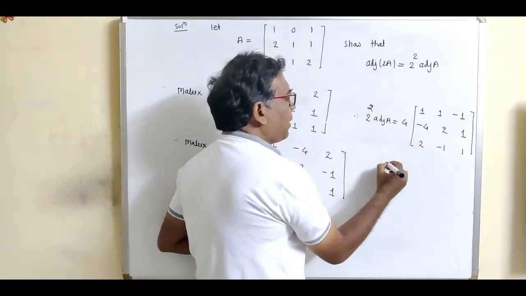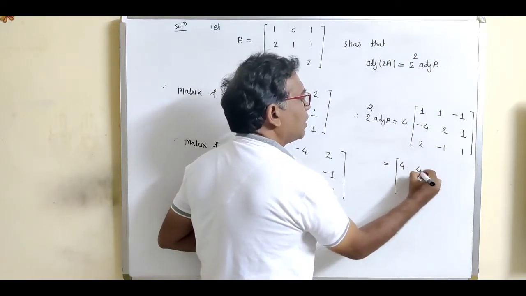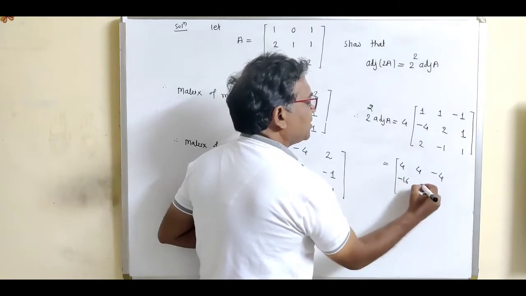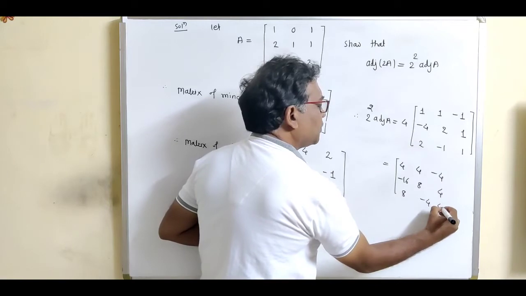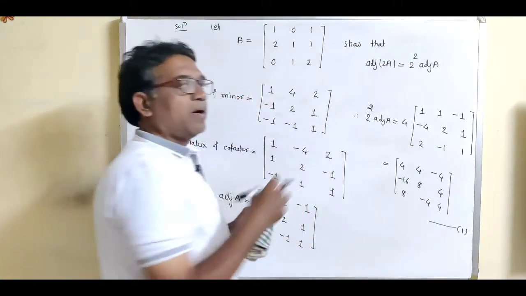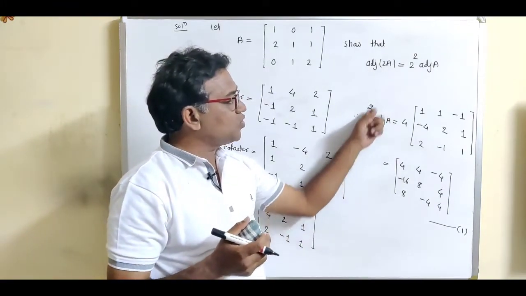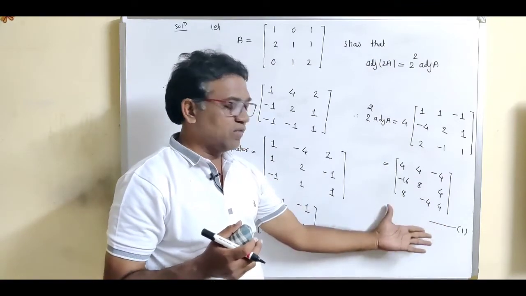So just multiply by 4. So this is the final answer. Multiply by 4 means it is 4, 4, -4, -16, 8, 4, 8, -4, 4. So this is our equation number 1. That is our right hand side. So this is our required right hand side. It is 2 square into adjoint A. Its value is given by this equation number 1.